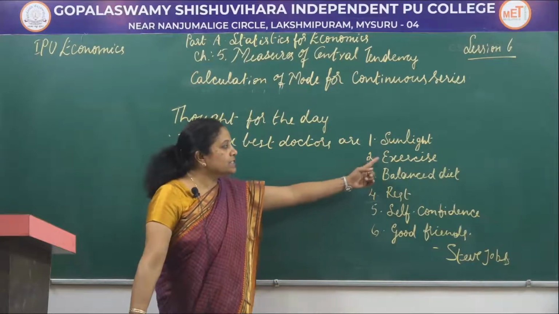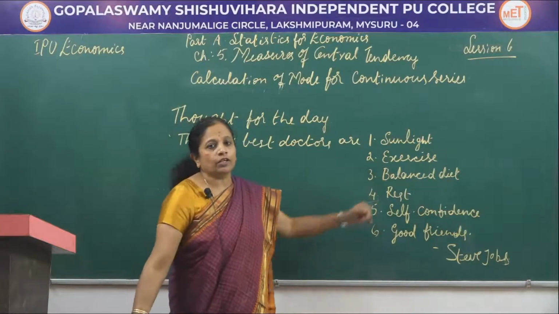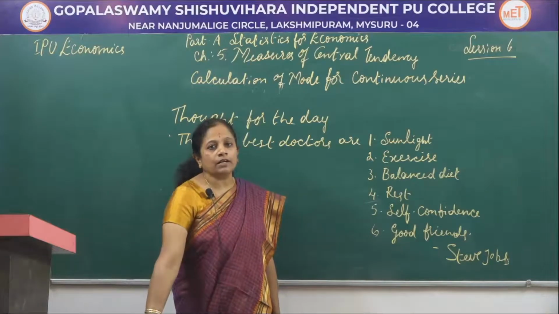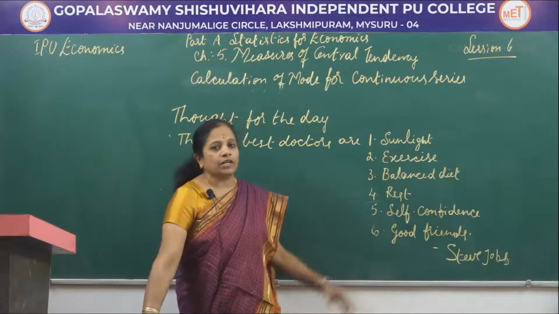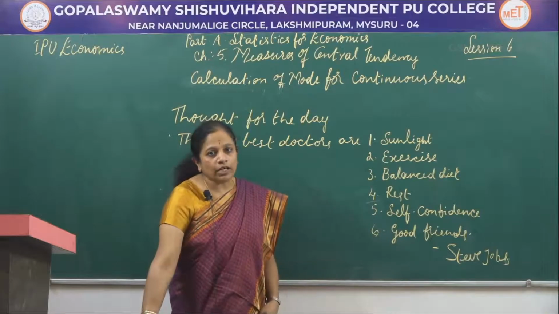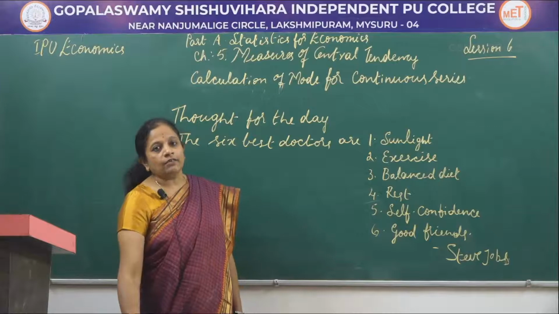The second one is exercise. As reading is for the mind, exercise is for the body. It helps the overall physical and mental growth of a person. The next one is balanced diet. We should have all types of vitamins and proteins which are available in cereals and vegetables.